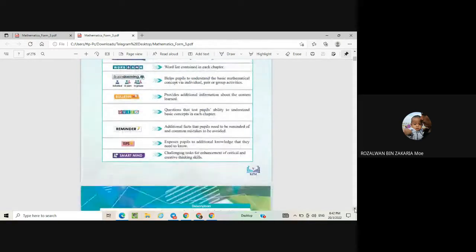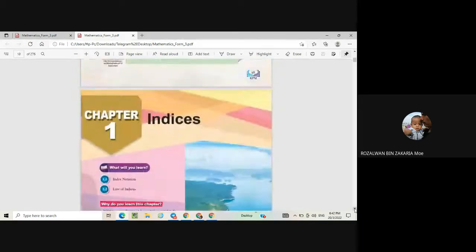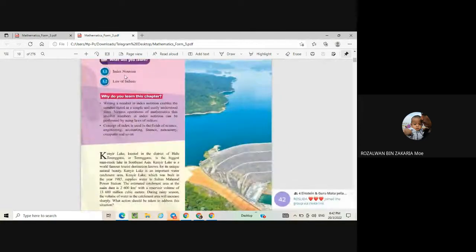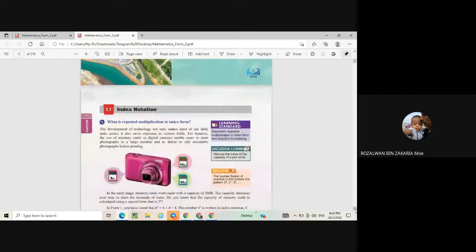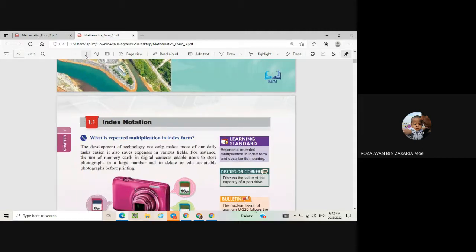We go to the first subtopic, which is about index notation, 1.1 index notation. Please open your textbook and go to the page for the first topic of chapter 1, 1.1 index notation.